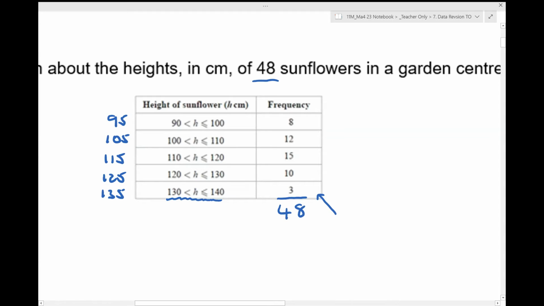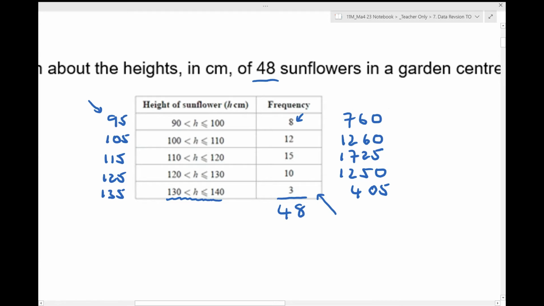We found the midpoints, now we're going to multiply. So I'm going to do 95 multiplied by 8 and so on. So 760, 105 multiplied by 12, 115 multiplied by 15, 125 multiplied by 10, and 135 multiplied by 3.